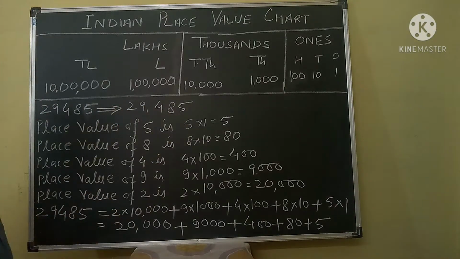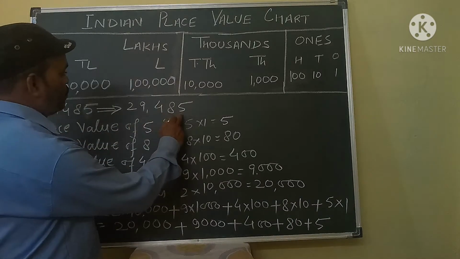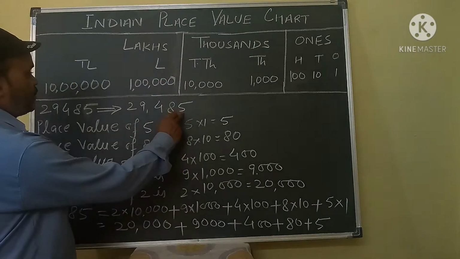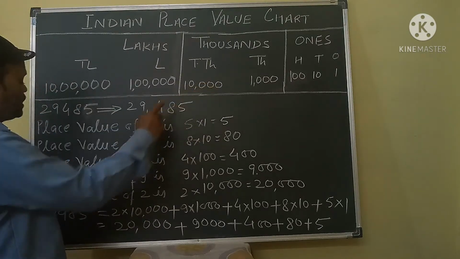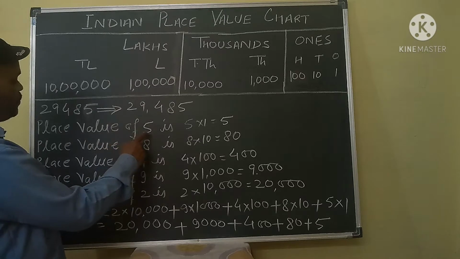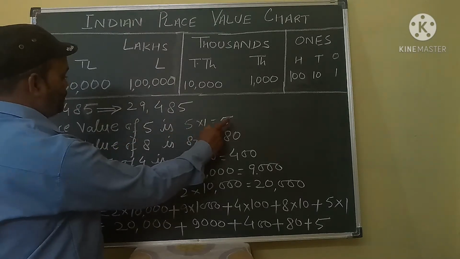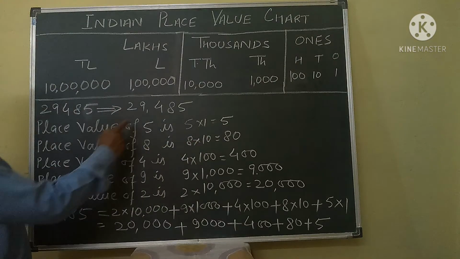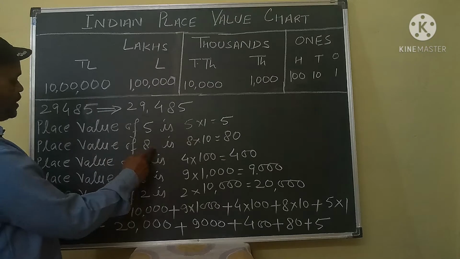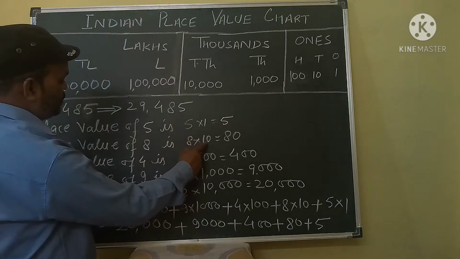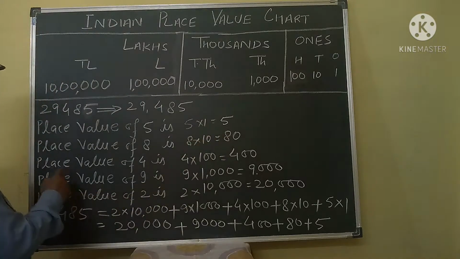Place value of 5: 5 is in ones place, so place value of 5 is 5 into 1 is equal to 5. Again, 8 is in tens place, so place value of 8 is 8 into 10, it will give you 80.